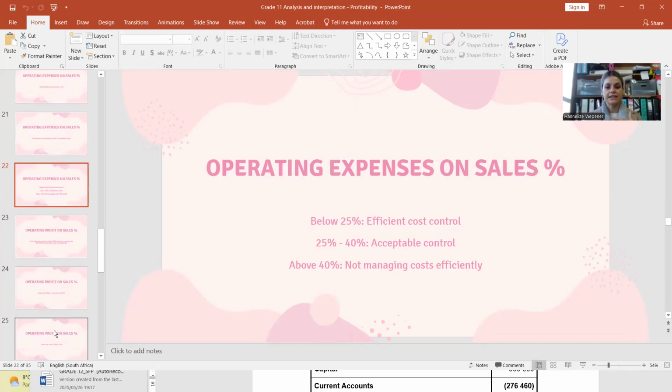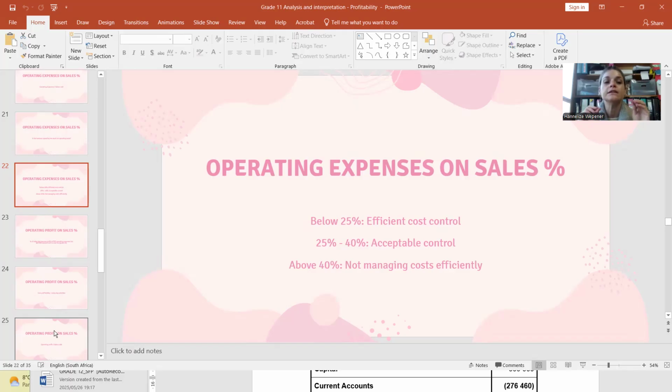So we are going to say that if it is below 25%, we have efficient cost control. Then it means that only 25% of your sales figure has to go towards covering your operating expenses. Then if it's 25% to 40%, we're going to say it's not good, but it is still acceptable. But anything above 40% means that you are not managing your expenses well.